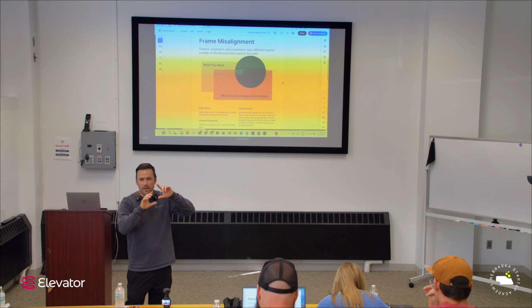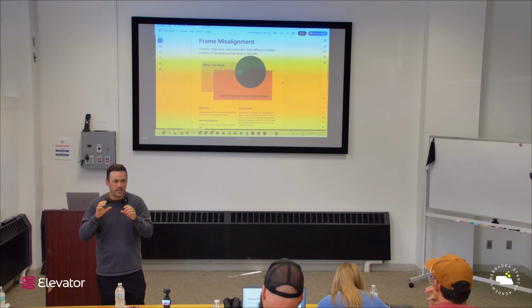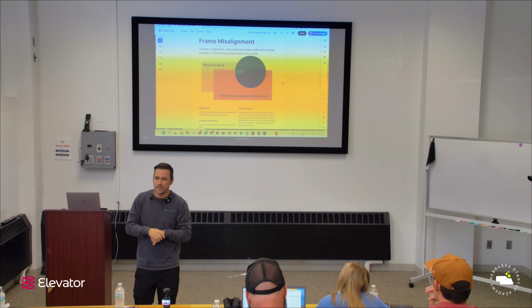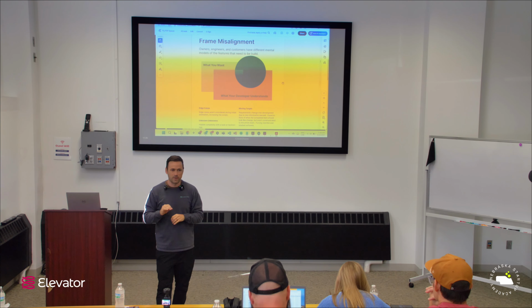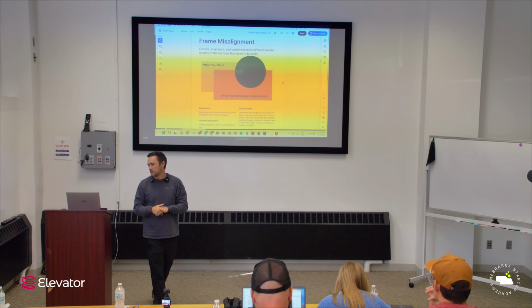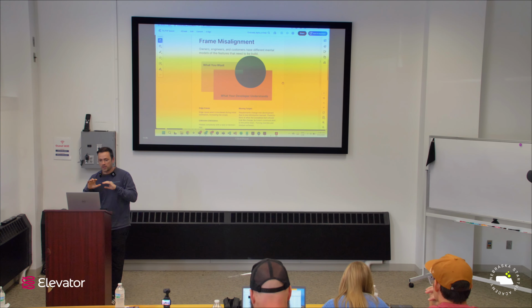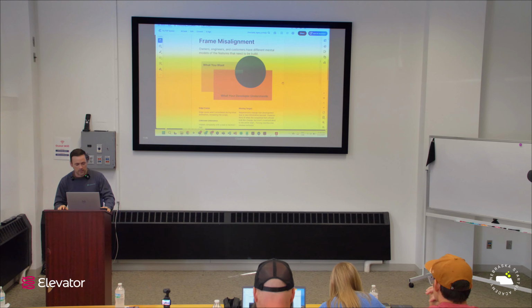It's like lining up circles and boxes and getting those perfectly aligned together, and it's a really difficult thing to do, and probably causes one of the biggest problems in software.